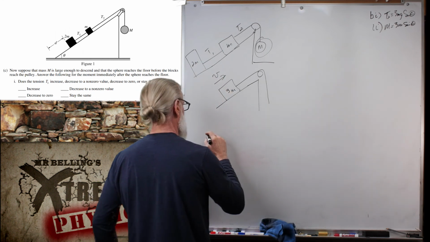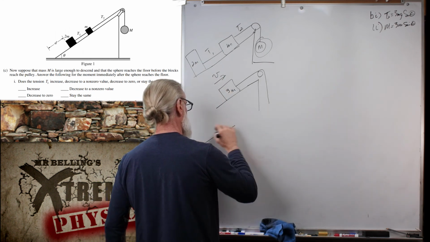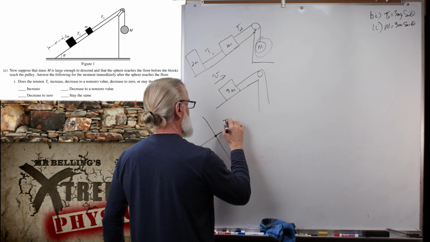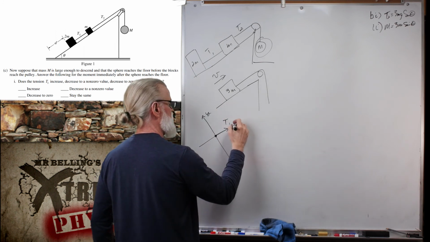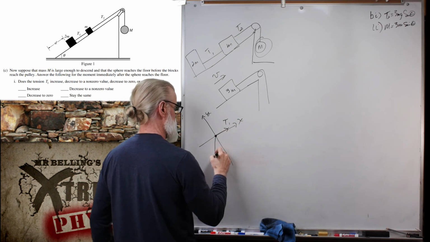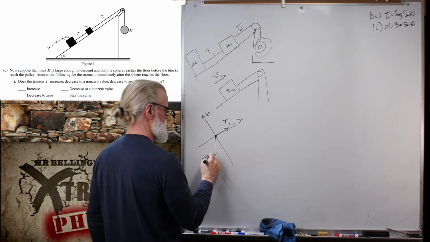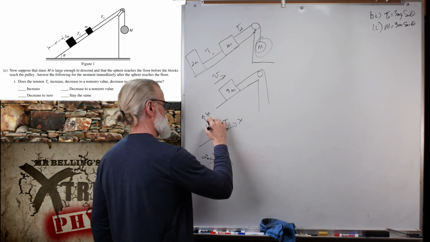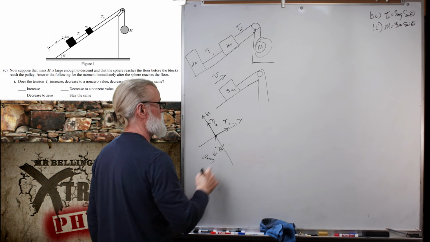Well, we had block 2M like this, and it had a tension T1, y, x, and this was 2mg. This is theta. This is a normal force on 2.